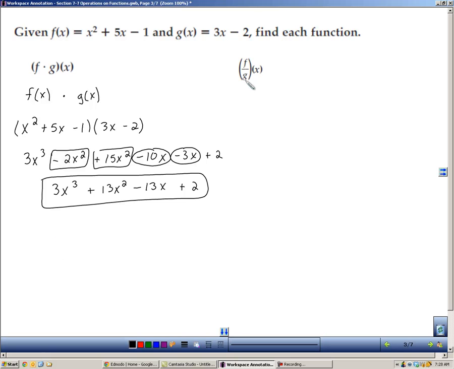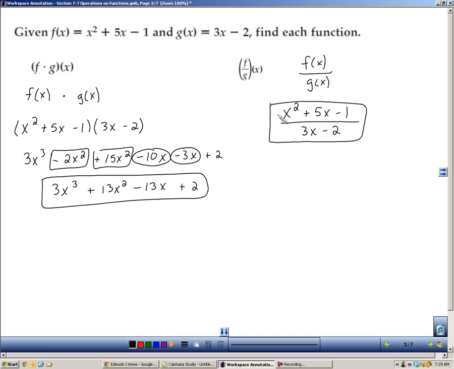Over here, f divided by g of x is the same as f of x divided by g of x. Now there isn't a whole lot I can do with this division of two polynomials. I can look at the bottom because I need to find any excluded values that would create a 0 on the bottom.